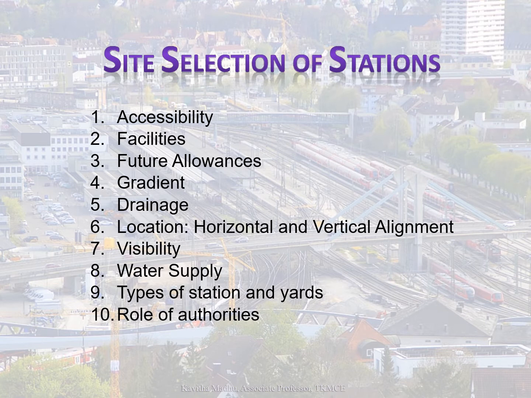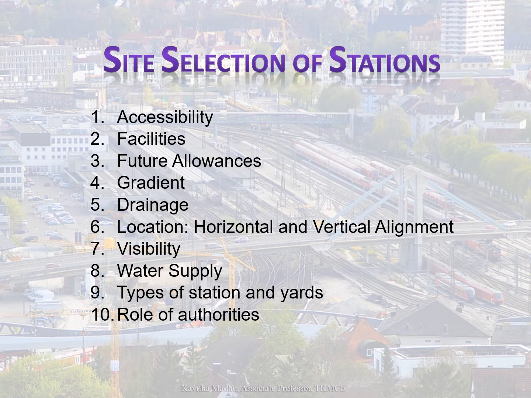Then next is the station site alignment. The station site should never be located on curves, and as far as possible should not be near curves either, because this causes difficulty in seeing the signals that are provided. So we always prefer the alignment of the track for both approaching and departing trains to be straight.